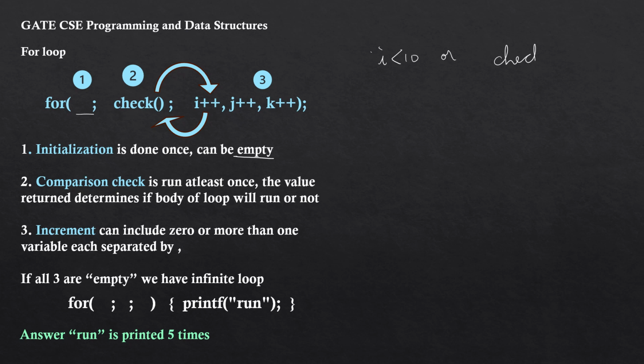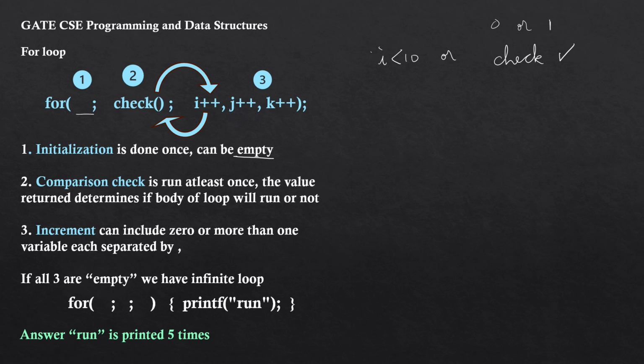Both are allowed. The only thing is that this function should be able to return the value 0 or 1. Depending on the value of the function, the condition will be evaluated. If it is true, the loop continues, otherwise it exits.